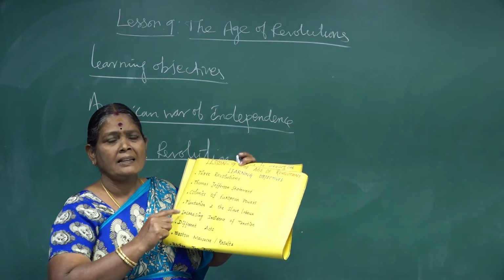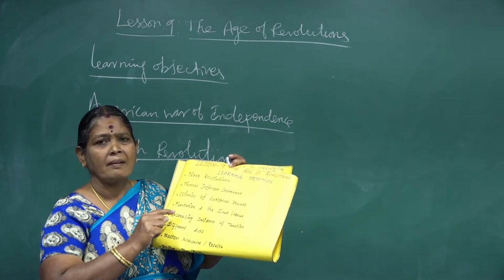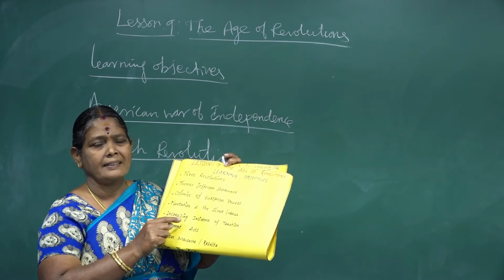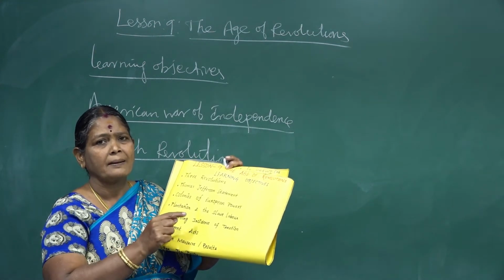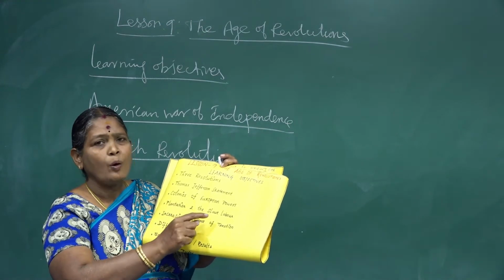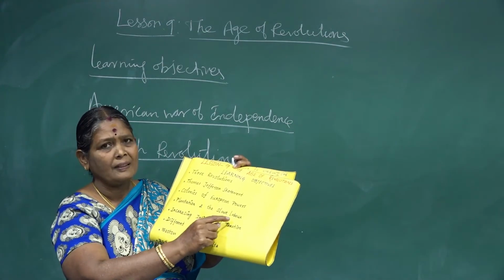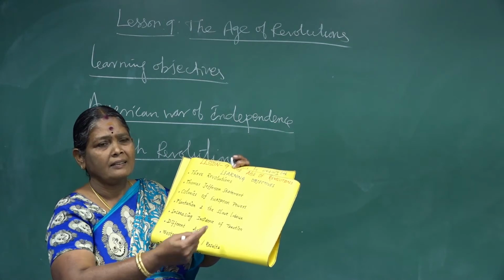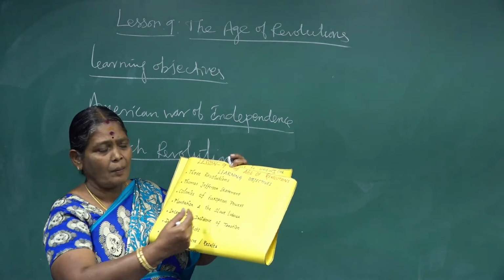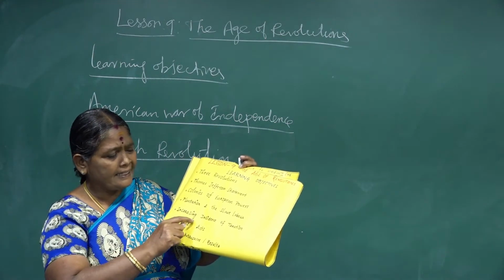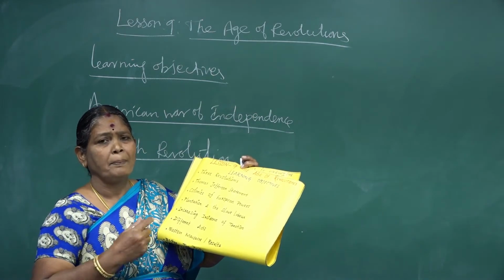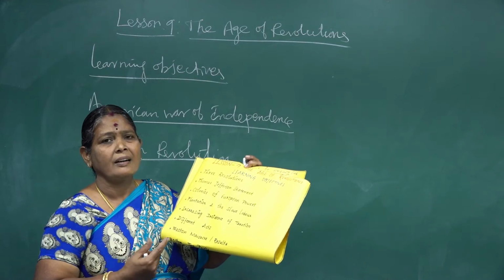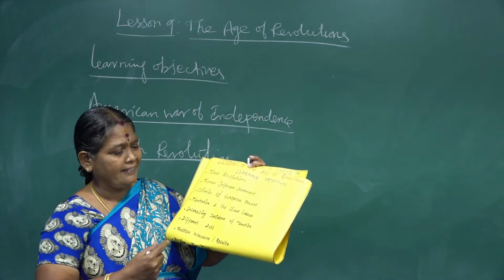In the colonial countries, the colonial powers established plantations, so they required labor. Then later, how they became slaves, and what resulted. This is the topic. Next, increasing incidence of taxation. How the people suffered from increasing taxation.